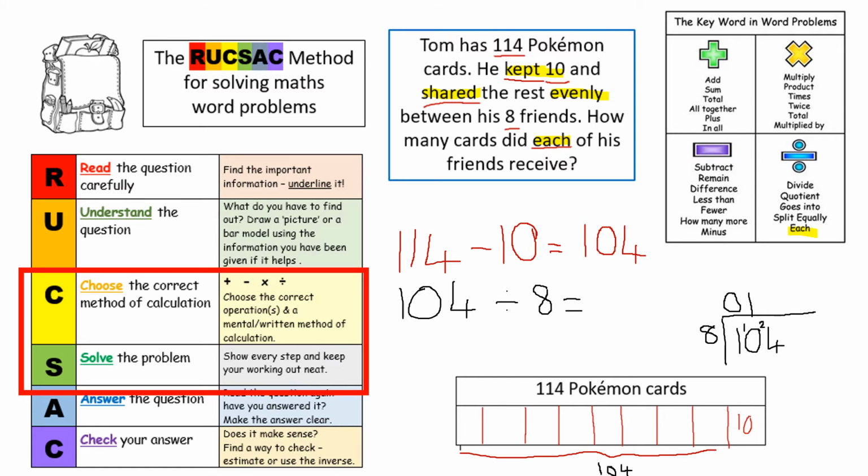And 8 goes into 24. 8, 16, 24, 3 times. Therefore, his friends receive 13 Pokemon cards each. I've completed the S step by showing every step and keeping it neat.